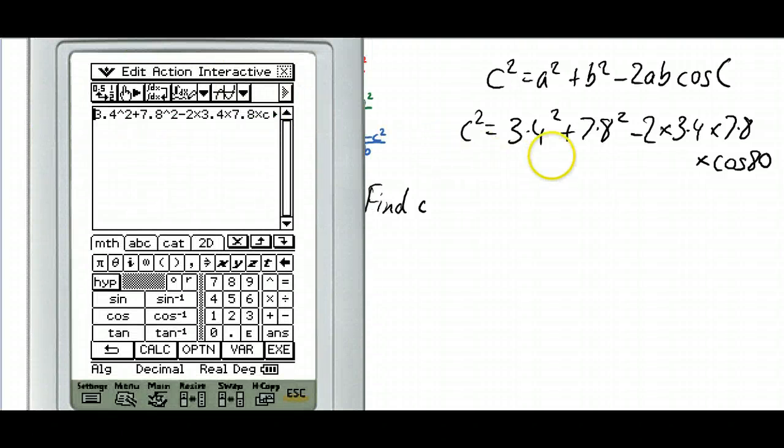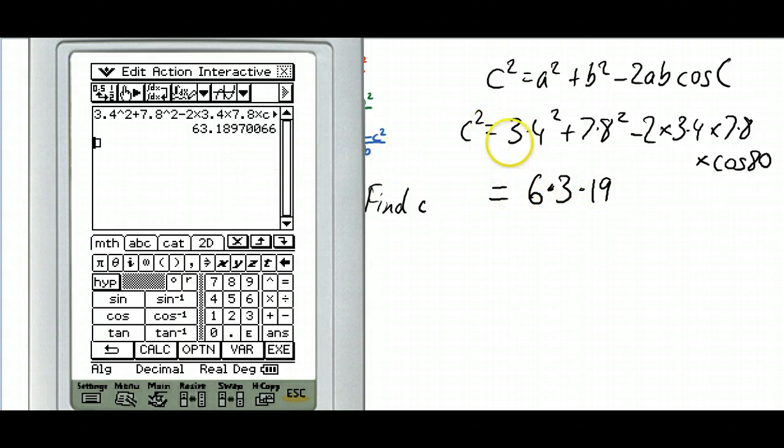Okay, now I've entered these numbers into the calculator. We've got 3.4 squared plus 7.8 squared minus 2 times 3.4 times 7.8 times cos of 80 degrees. When we execute that, we get this number here. Okay, so 63.19 if we're rounding off.